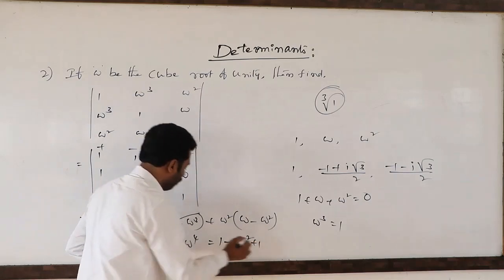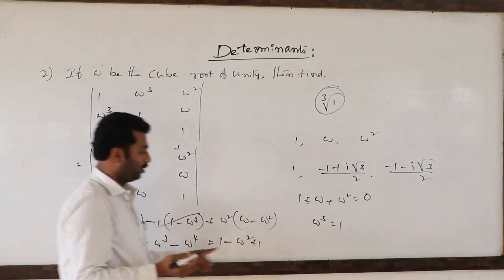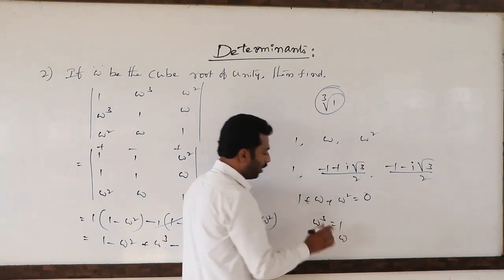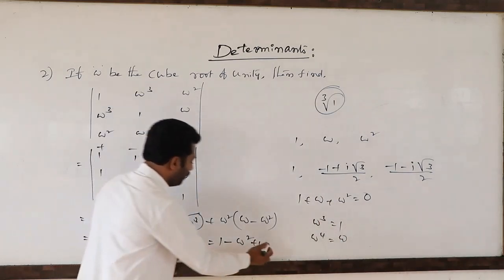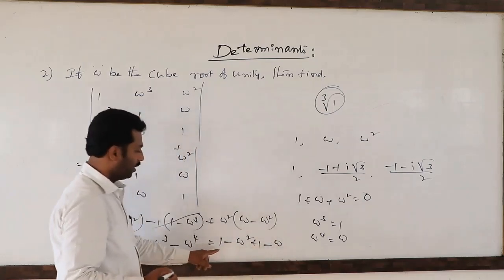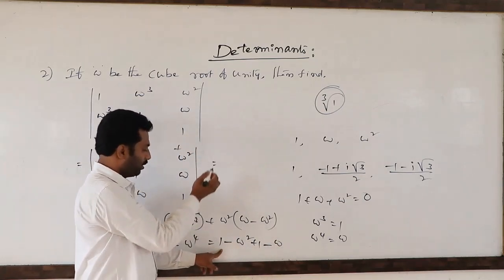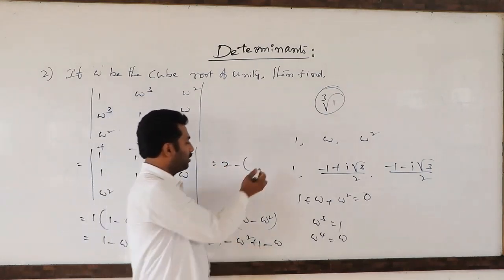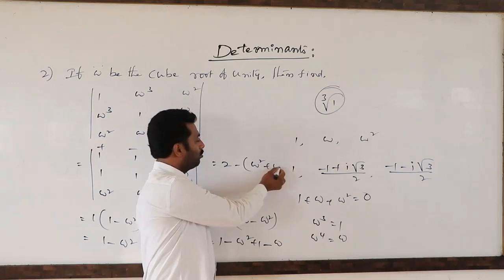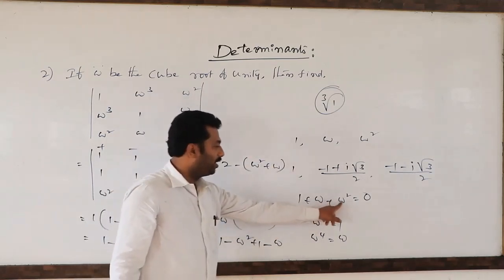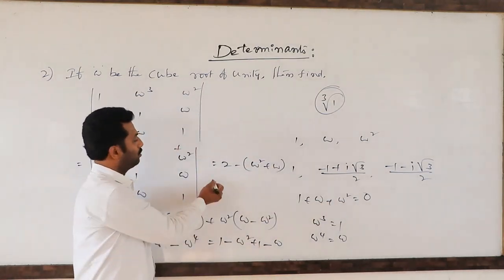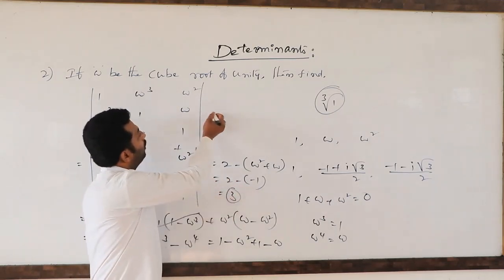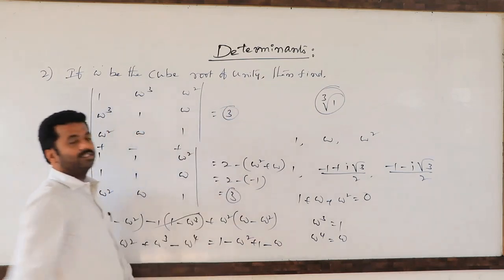Omega power 4 is omega, so this is minus omega. Again, 1 plus 1 means 2, and taking minus common we get omega square plus omega. Omega plus omega square means minus 1, so this is 2 minus of minus 1, which is 3. So the determinant is 3.